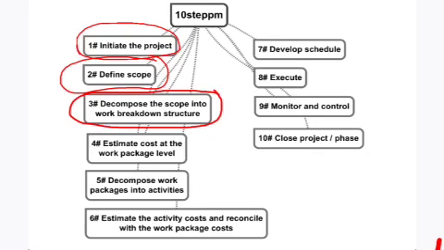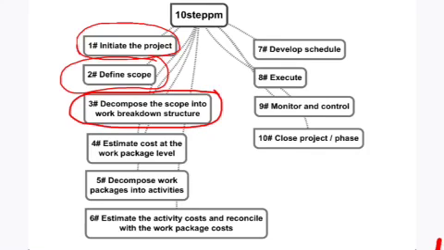Work breakdown structure just gives the breakup of work in chunks of 8 to 80 hours, and we call them work packages. So in step number 3, the scope gets decomposed into work packages.